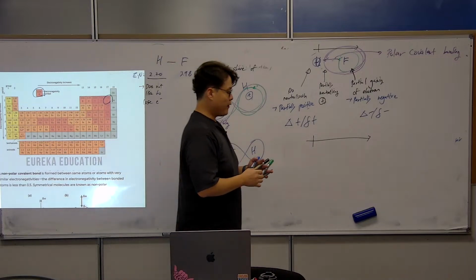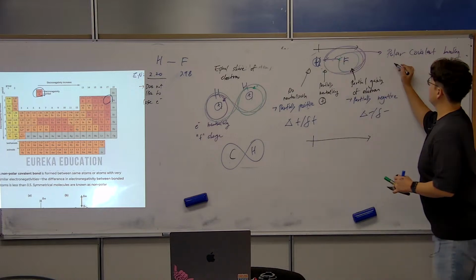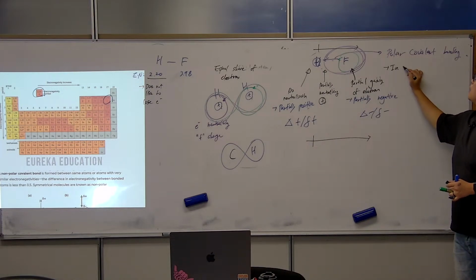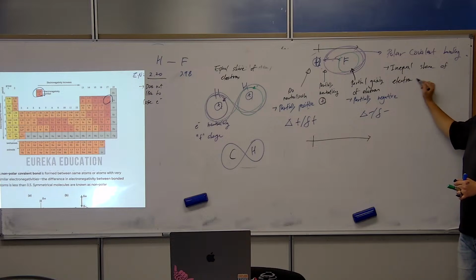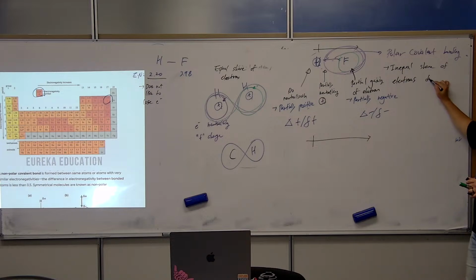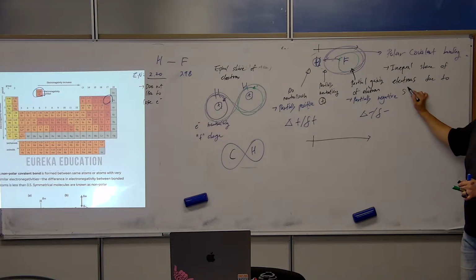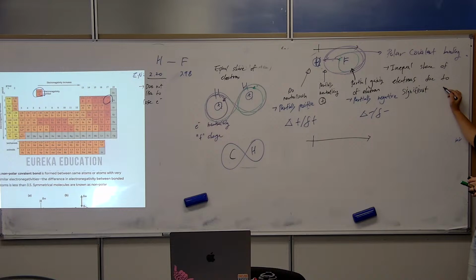So polar covalent bonding is due to what? It's known as from the unequal share of the electrons due to significant electronegativity differences.